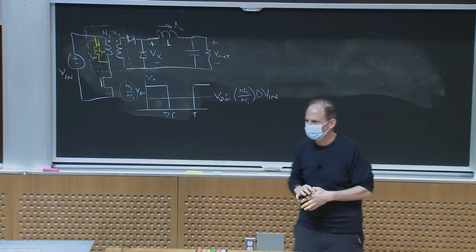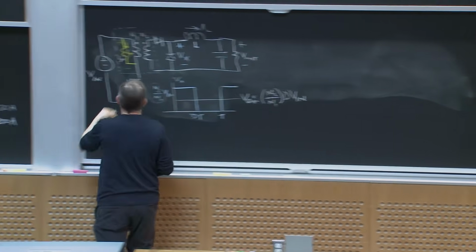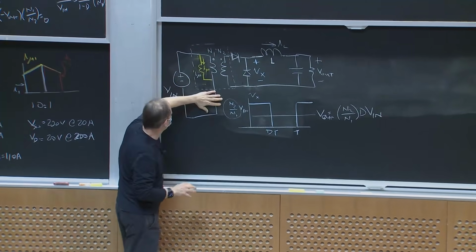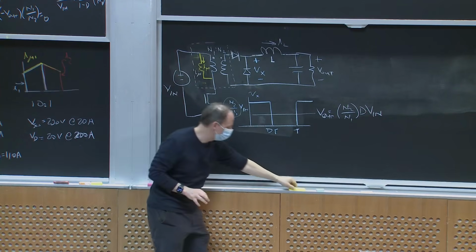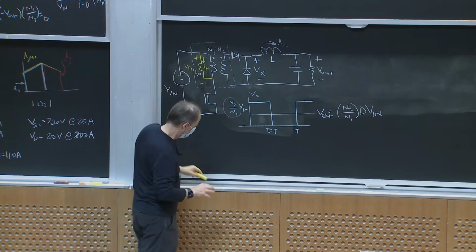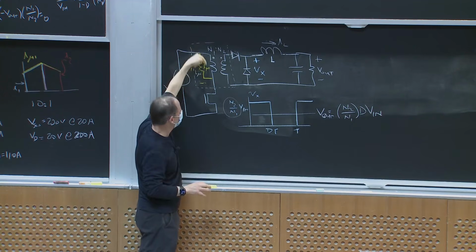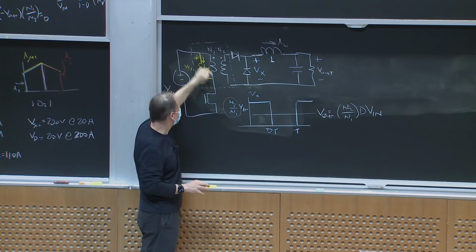And here's the catch. Suppose I turn on this switch. In the first part of the cycle, I'm applying a positive voltage VT1 here. That means this magnetizing inductance is ramping up. The current in the magnetizing inductance is ramping up, right? Well, what happens in the second part of the cycle?